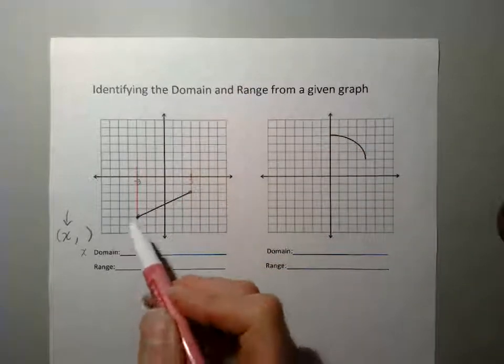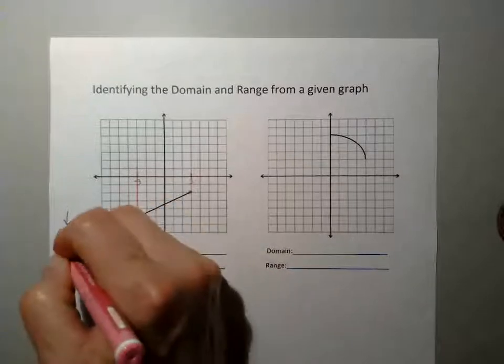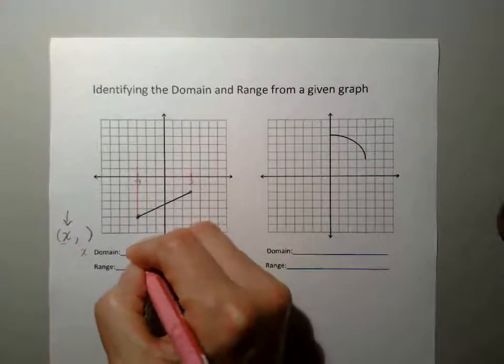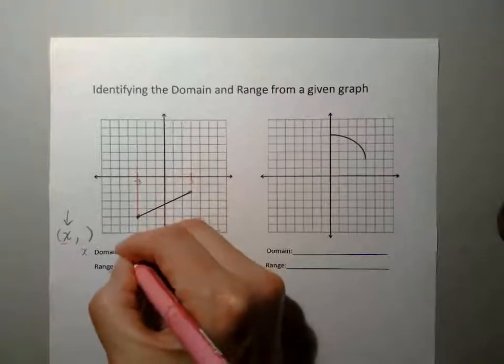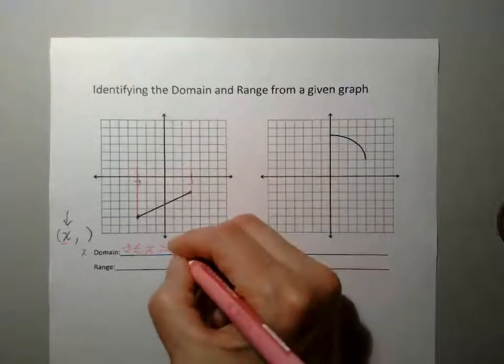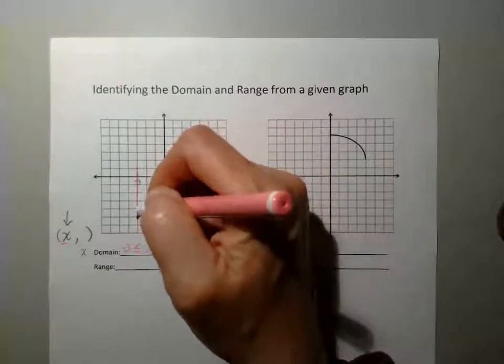So we could say that all the points in between here, the X value is going to be greater than or equal to -3, but less than or equal to 3. So that's all the X values.